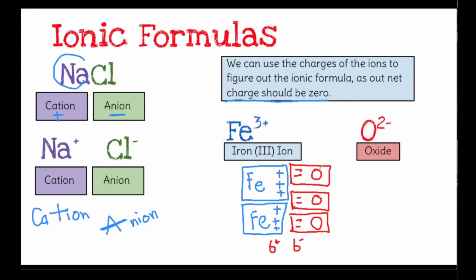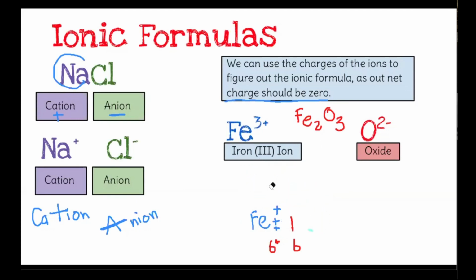So this is the ratio that we're going to see, which means that this would be Fe2O3 because it took 3 oxides and 2 iron ions to become even, right? This is the long way to get there. There is a shortcut, which is really easy.